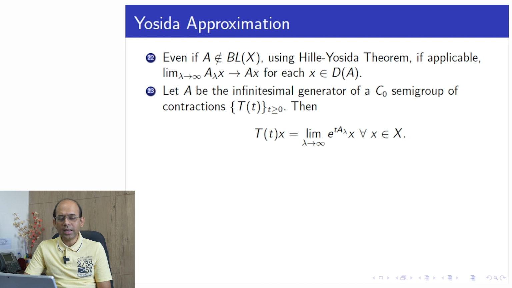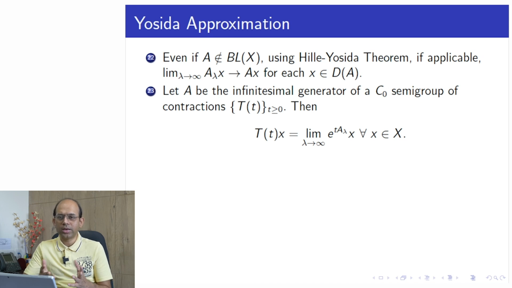Then for A lambda, the way we have defined it, e to the power t A lambda I can always get, because this is a uniformly continuous semigroup generated by A lambda, and then e to the power t A lambda x converges to T(t)x.